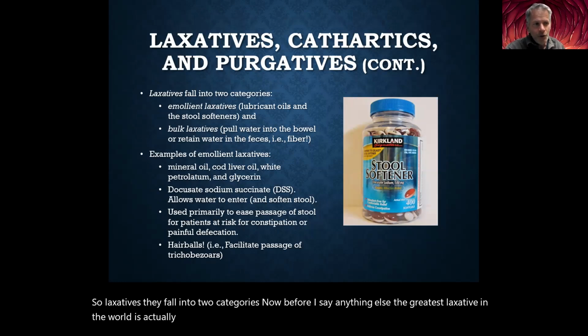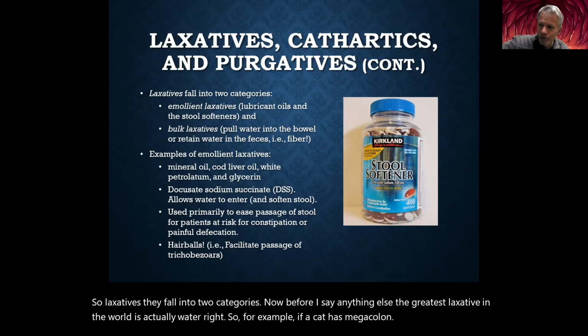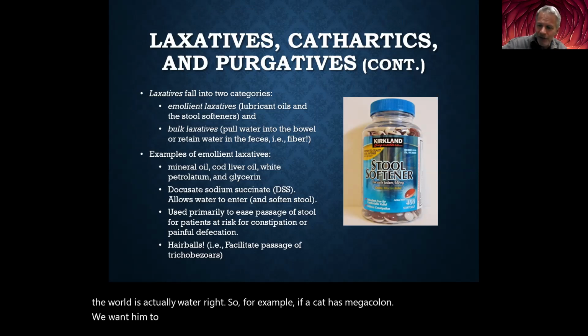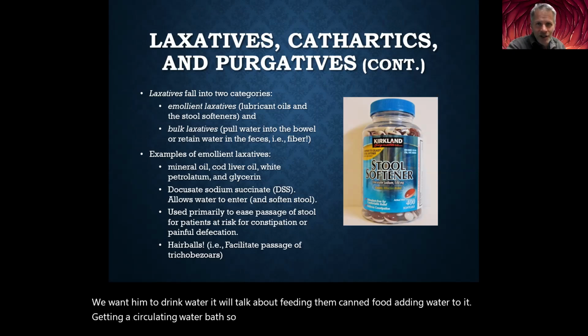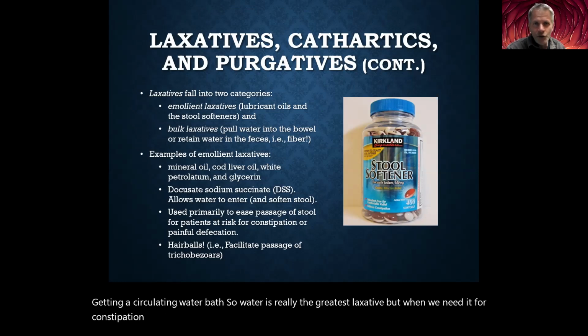So, for example, if a cat has megacolon, we want him to drink water. And we'll talk about feeding them canned food, adding water to it, getting a circulating water bath. So water is really the greatest laxative. But when we need it for constipation, we can only get so much water into them. But sub-Q fluids, IV fluids, these can all help with constipation.